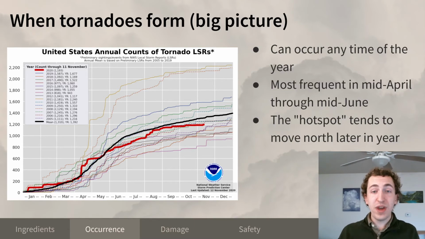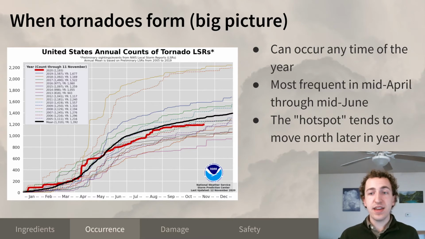We also talk about when tornadoes form. So again, I'll go big picture and small picture here. Tornadoes can occur at any time of the year, but most frequently mid-April to mid-June is your climatological period where you get your highest rates of occurrence.